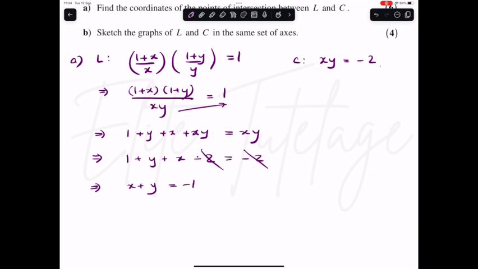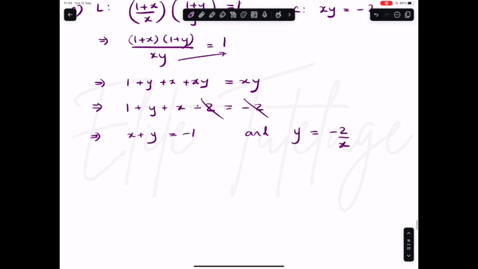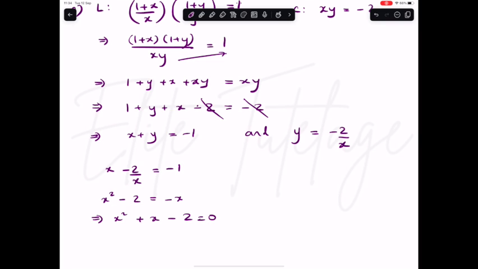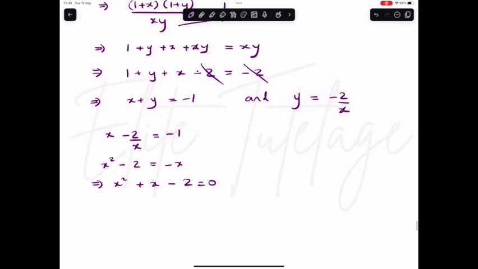And for C, y equals minus 2 over x. Now, solving them simultaneously is easy. Pop the value of y into the equation of the line and solve for x. Okay, so that will give me a quadratic, and when I simplify that, I'm going to end up factorizing as (x + 2)(x − 1).